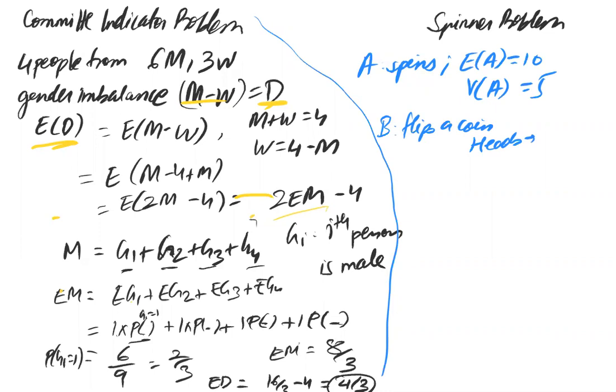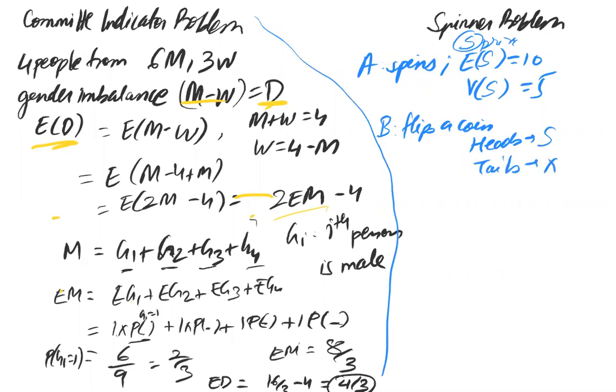A spins and gets S as the prize, which has an expected value of 10 with a variance of 5. If B flips a coin and gets heads, then B wins all the S prize that A got. If it is tails, nothing really happens.